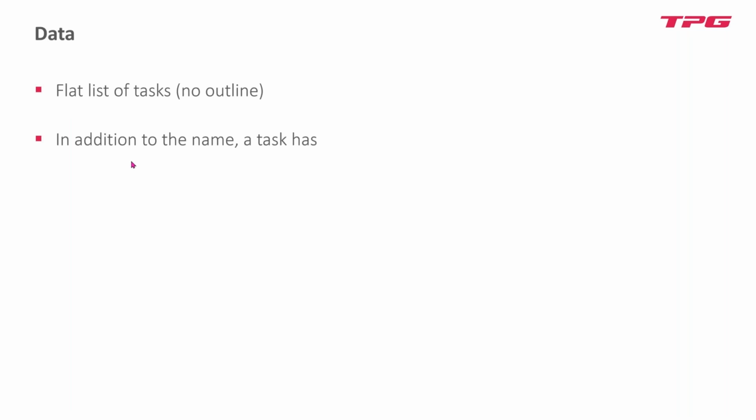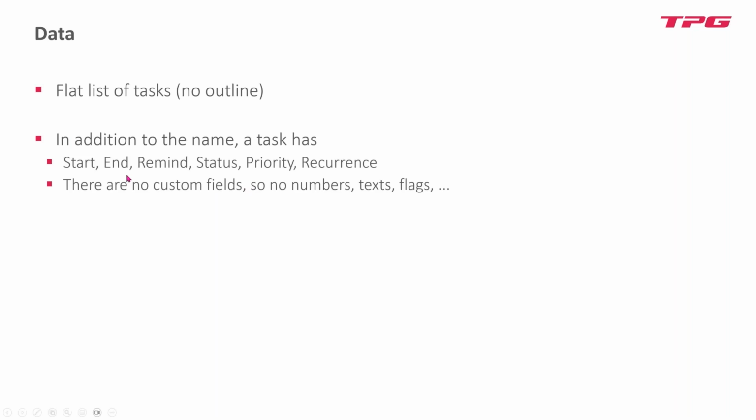One task has a name, and a task also has a start and end, a reminder, a status, progress, a priority, and a recurrence. So maybe there are tasks that should appear every week, every month, or whatever. You can enter some recurrence on it.